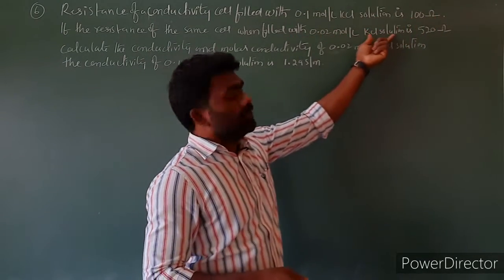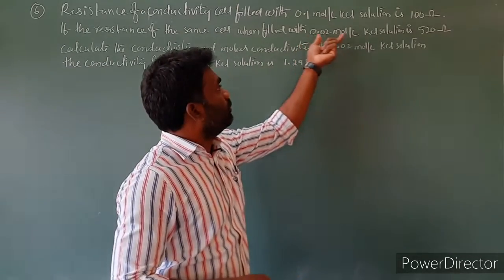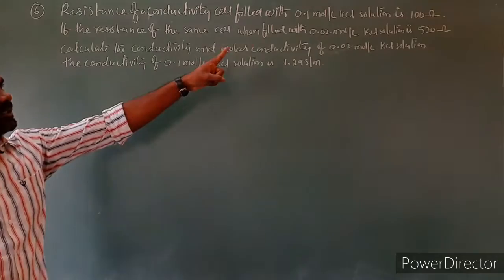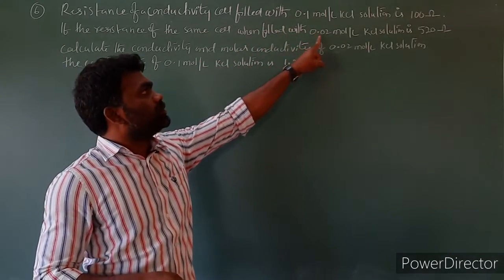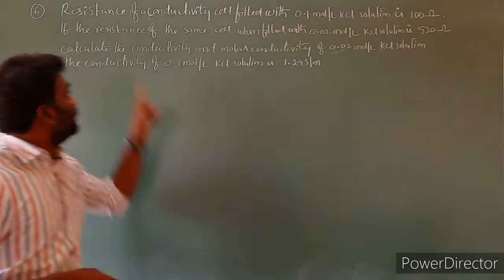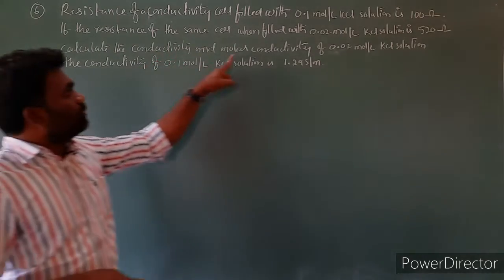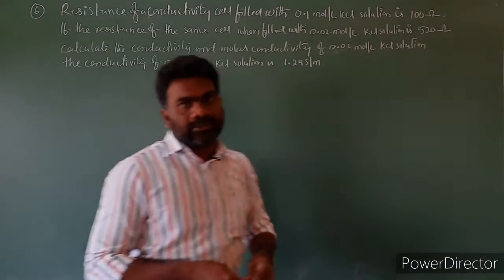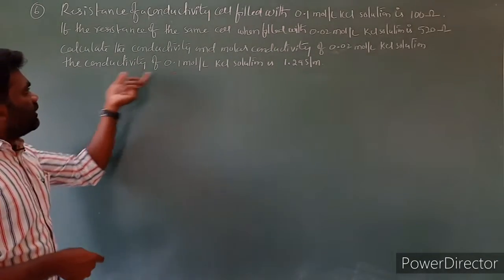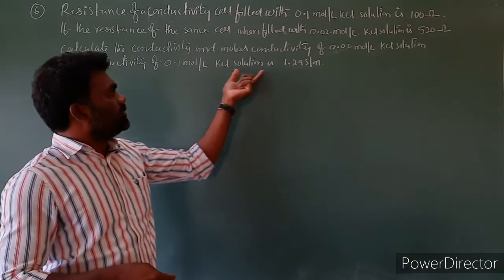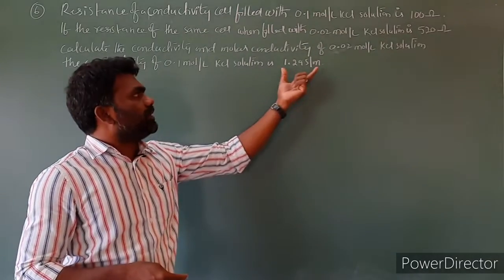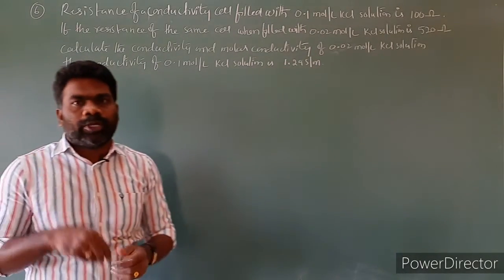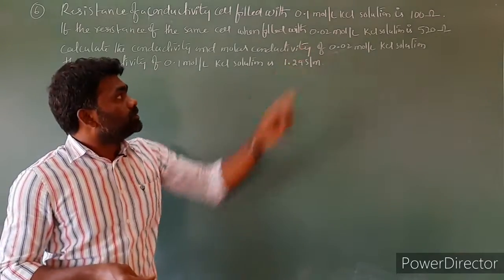Here also KCl solution only, its concentration is 0.02 mole per liter, resistance 520 ohms. Calculate the conductivity and molar conductivity of 0.02 mole per liter KCl solution. The conductivity of 0.1 mole per liter KCl solution is 1.29 Siemens per meter.